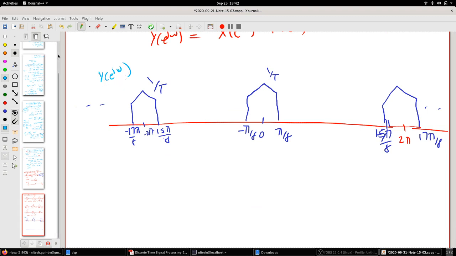Now the next part of the process is how do we get to the other side, like D to C conversion.